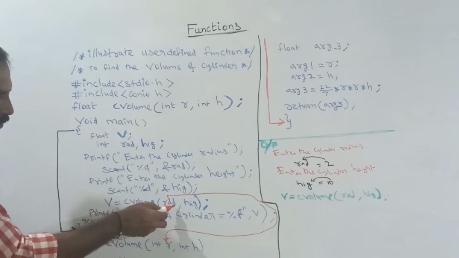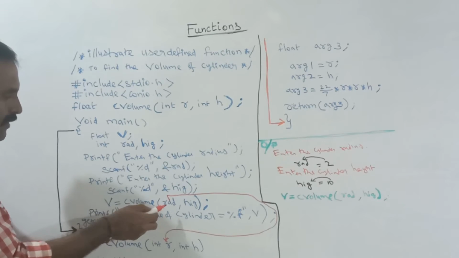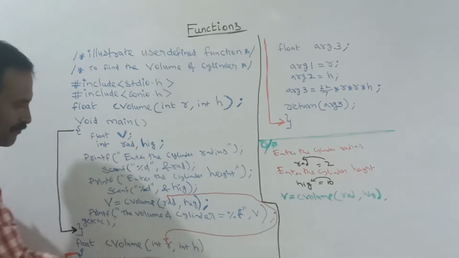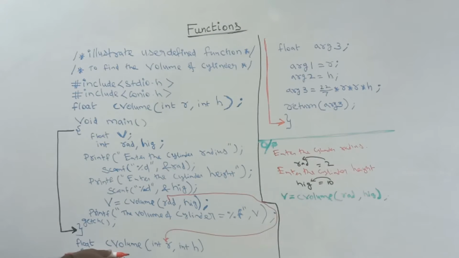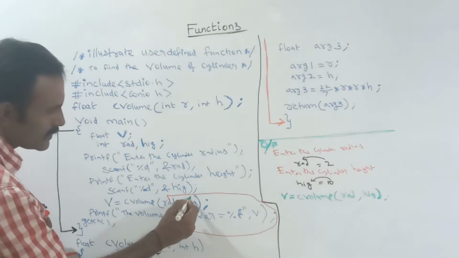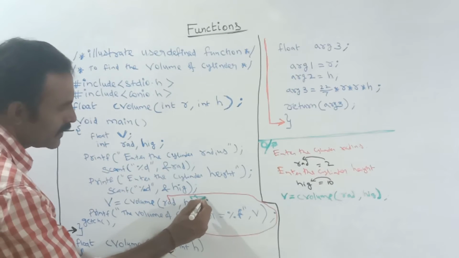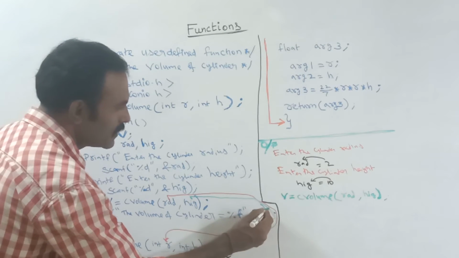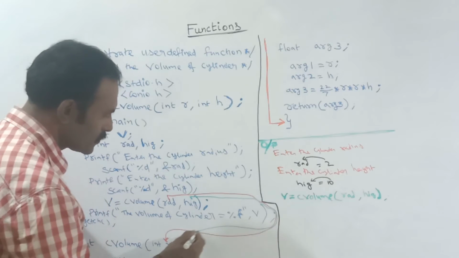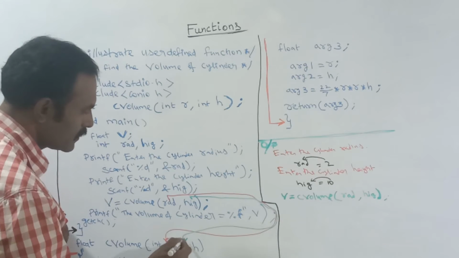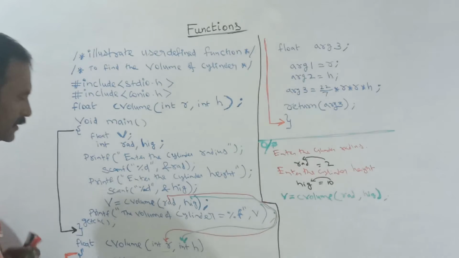Inside the C volume, the first argument which I have passed will go to the function definition. In the function definition, the first argument will be stored in the first parameter, and in the same way the second argument, whatever number you have passed, will be stored in the second parameter.